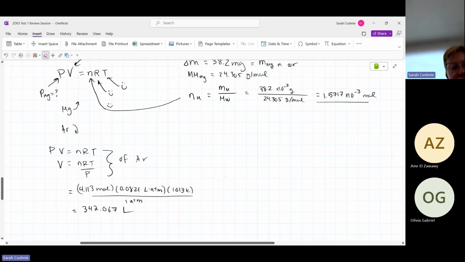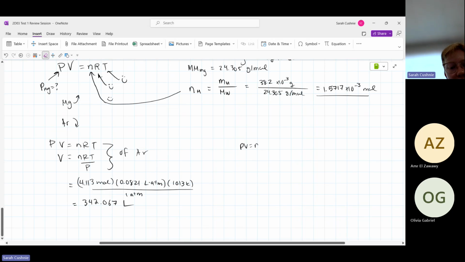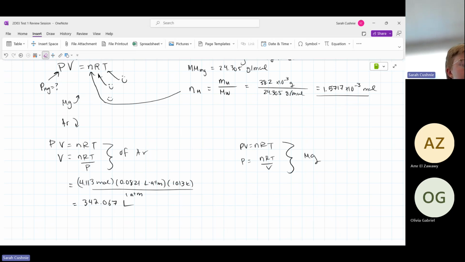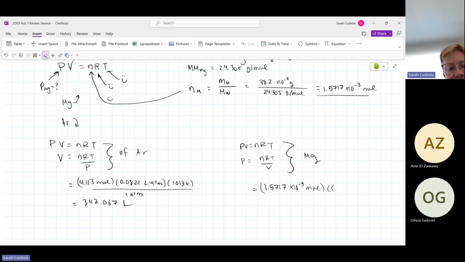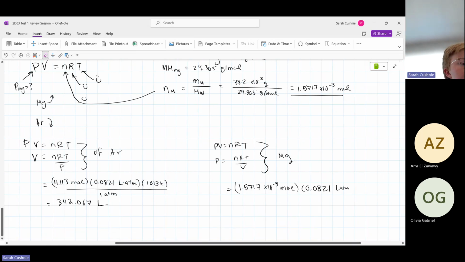So now we can take this and plug it back into PV equals nRT. So P is equal to nRT divided by volume, and this is going to be now for magnesium. So now we're just going to take those values that we just solved for. N is equal to 1.5717 times 10 to the negative 3 mole. R again is 0.0821 liter atmosphere.